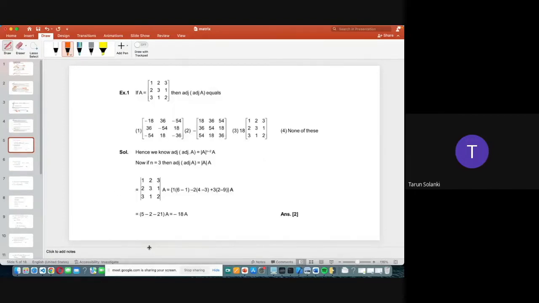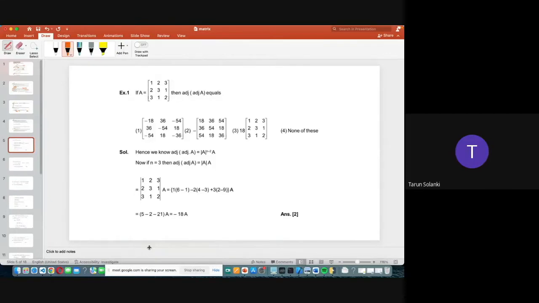Next is a given example. If A is 1, 2, 3, 2, 3, 1, 3, 1, 2, for this given matrix we need to find adjoint of adjoint A. Here we know adjoint of adjoint A is modulus A to the power n minus 2 into A. If n equals 3, then adjoint of adjoint A will be modulus A into A. Modulus A is 1 into (6 minus 1) minus 2 into (4 minus 3) plus 3 into (2 minus 9), which becomes 5 minus 2, which is 3, then minus 21.